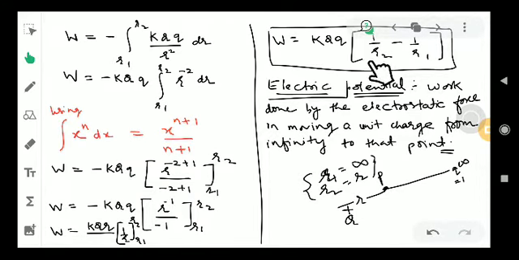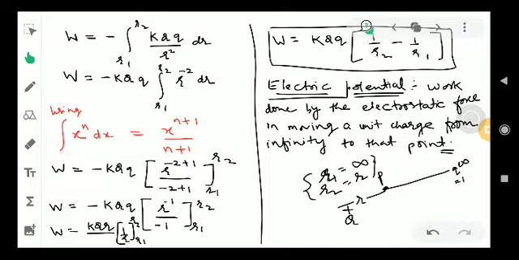We put the upper limit first, then subtract the lower limit. So we get the work done as kQq times 1 by r2 minus 1 by r1. This was the expression of work done. Now we were trying to understand what is electric potential. Electric potential is always defined at a certain point.